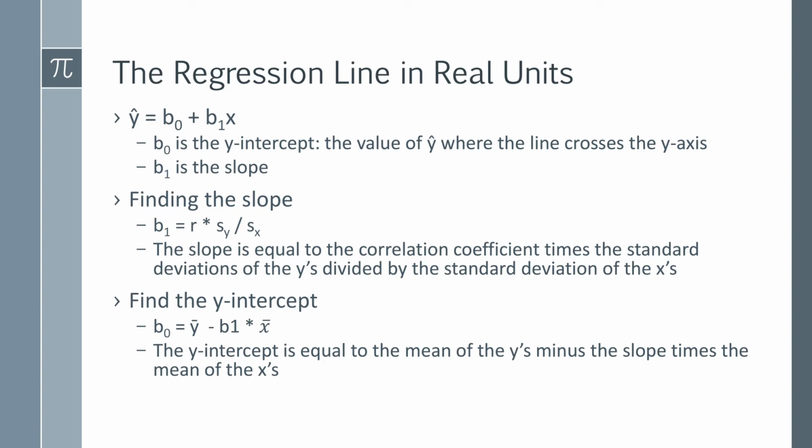To find the slope, you take your correlation coefficient r and multiply it by the standard deviation of your y's divided by the standard deviation of your x's. To find the y-intercept, b naught, it equals the mean of your y values minus the slope times the mean of your x values.